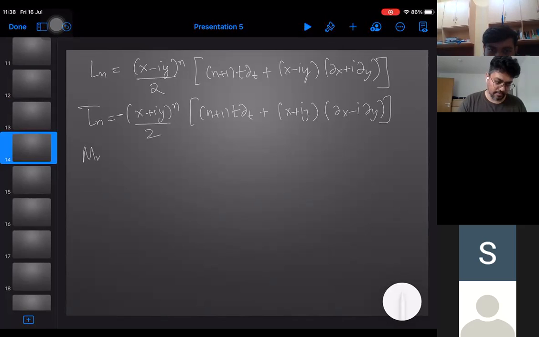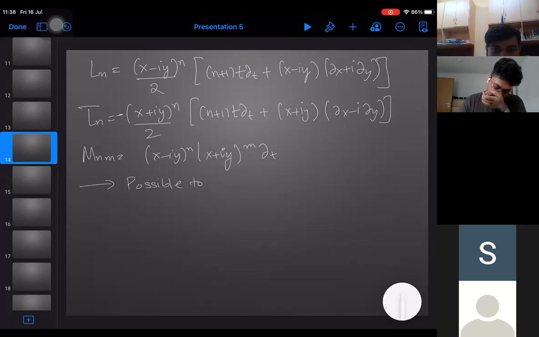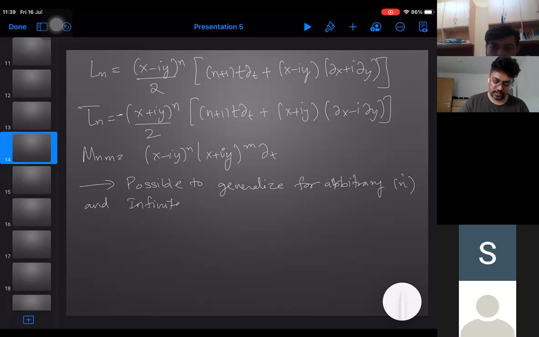And your M_n del t. So over here, it is possible to generalize for arbitrary n. And this algebra then becomes an infinite dimensional algebra.